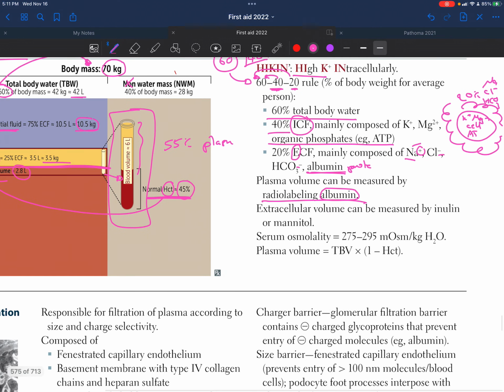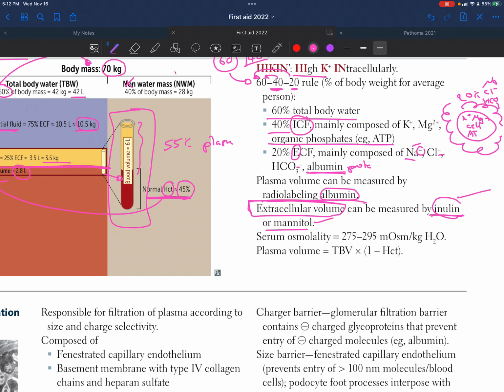The extracellular volume can be measured by inulin or mannitol. That's for the extracellular volume, all of it, containing plasma, of course, with all of its contents. We will get to that later to understand why we are exactly using inulin and mannitol.